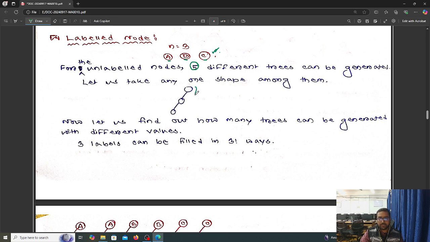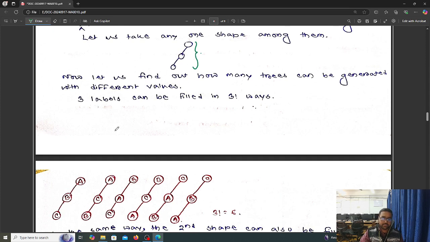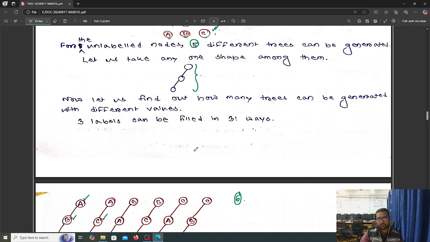Let us take an example of a left skewed binary tree. In this binary tree, in how many ways can we store A, B and C? Let us check. First of all, we can make A the root, B the left child of the root, and C the right child of the root. In a similar way, we can change the left child of the root and make C the left child of A and B the left child of C. Similarly we can rearrange all the data, and a total of 6 different arrangements are possible if we have only 3 data.